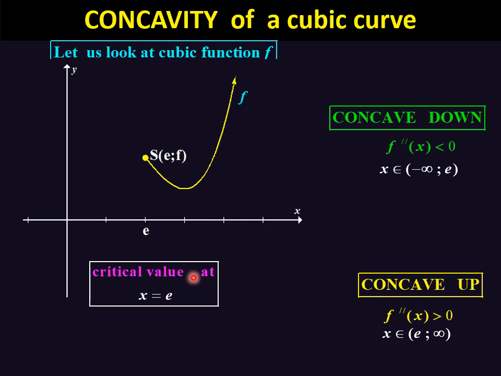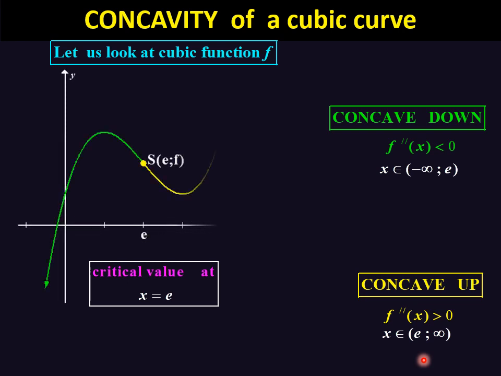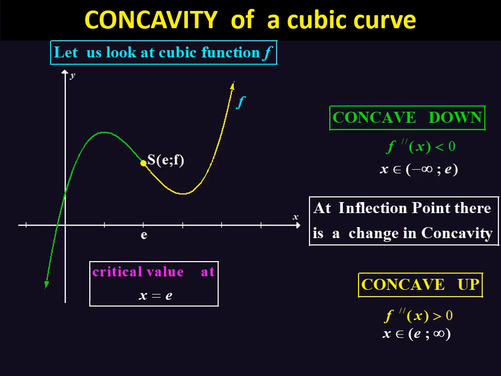In this case, it's on the right side of the inflection point, that is from e to infinity. Right? And you just look at the two graphs there. You can see concave down is the one in green, and concave up is the other one. And from the inflection, you can see it goes up that way. And the inflection point is where the concavity changes. It changes from down to up.